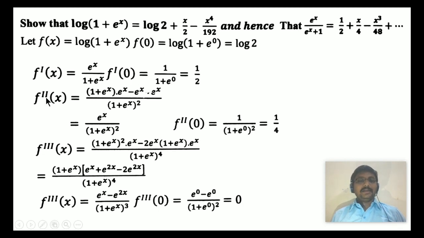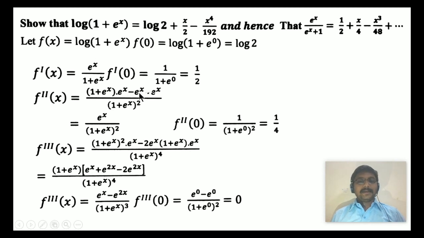Again computing the derivative of f dash of x with respect to x, we will have f double dash of x. Division rule: u by v formula is (v u dash minus u v dash) whole by v square. 1 plus e power x kept silent, e power x derivative is e power x.